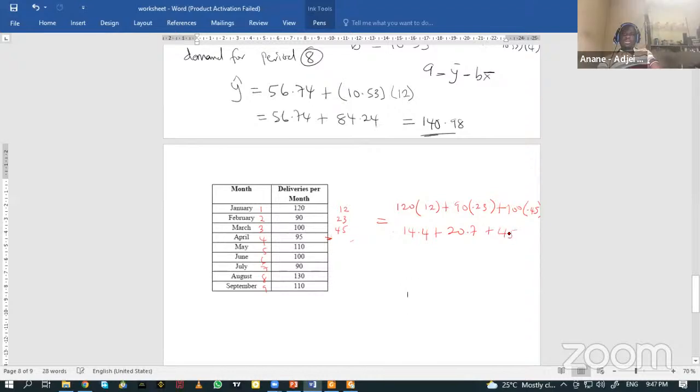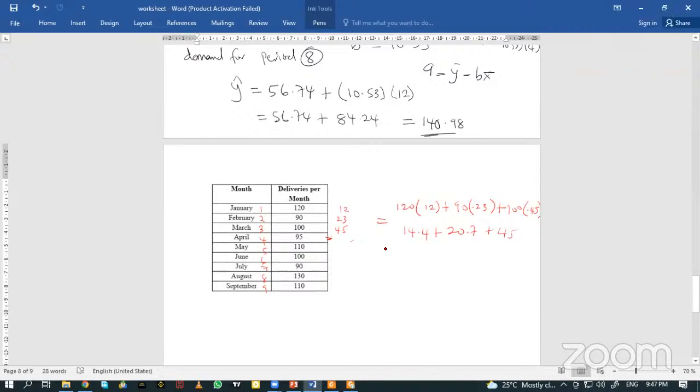So add them together: 14.4 plus 20.7 plus 45 is 80.1.